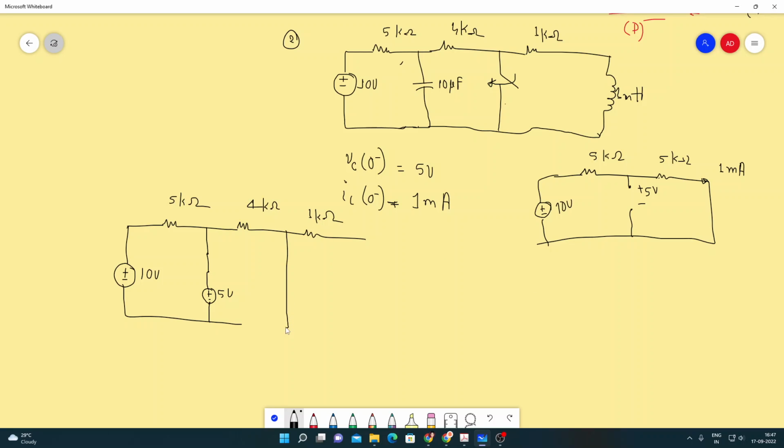This is again short, and on the inductor side we have a current source of 1 milliampere.